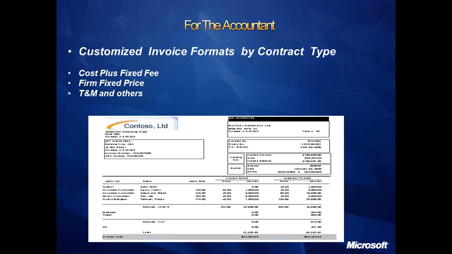In the commercial world, businesses just create an invoice and send it. But in government contracting, you've got different invoice formats based on the contract type. A cost plus fixed fee invoice could look different from a firm fixed price invoice, and that would be different from a time and materials invoice.